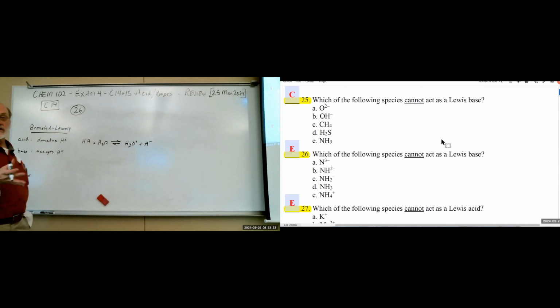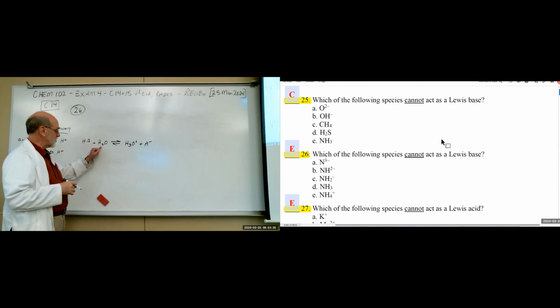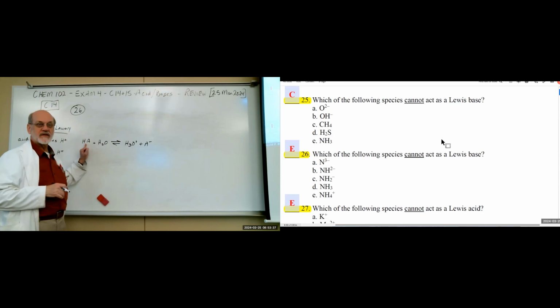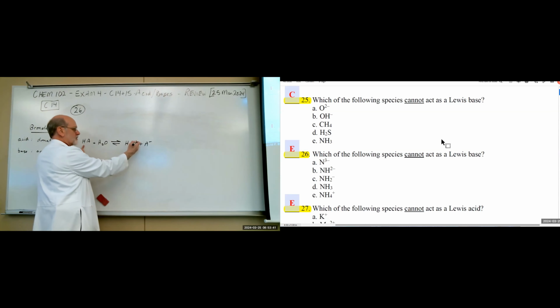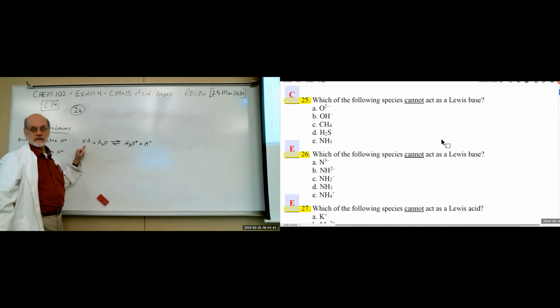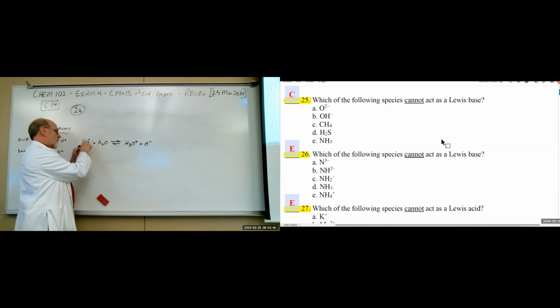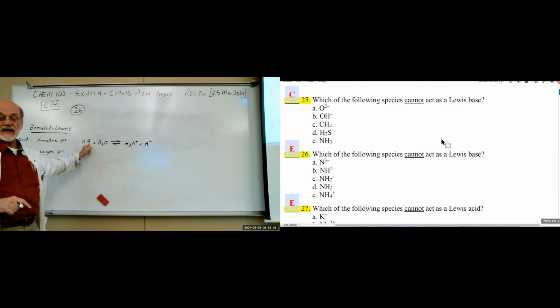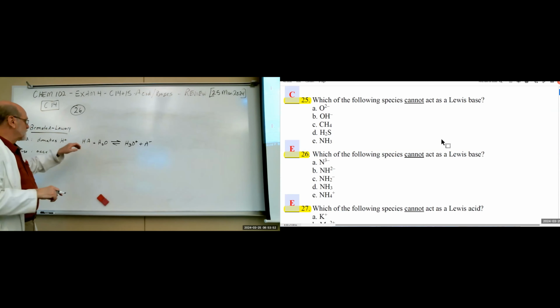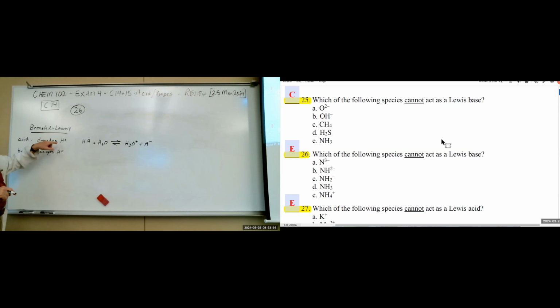Which way did the electrons go? The proton went from here to here. When the hydrogen goes over here, notice it's only a plus charge, so the electron pair went to A to make an A minus. So an acid donates a proton.